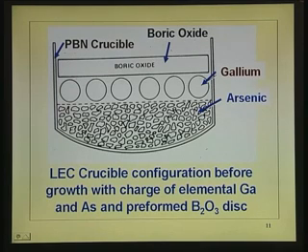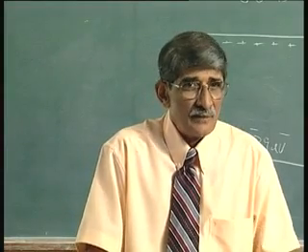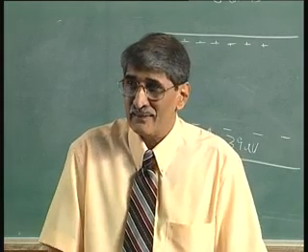Then right now you put it in a crucible there. I have to show you a picture so that it is visible to you. See what exactly happens. This is the crucible, pyrolytic boron nitride coated crucible, arsenic, gallium. You put them together now. That you put your gallium above that. How is it gallium is above that? Arsenic is solid, gallium is liquid, even at 29.5 degrees centigrade.